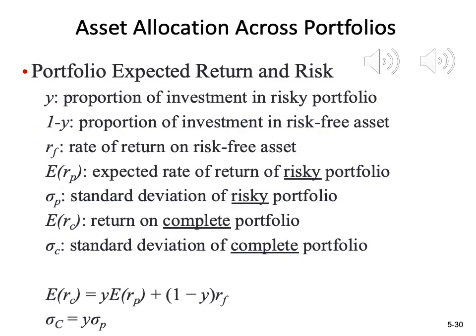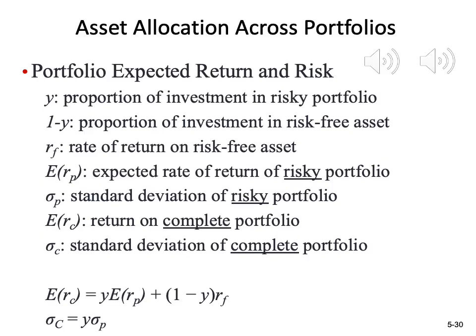We're going to use the formulas at the bottom of this slide to calculate expected return and standard deviation of the complete portfolio. In the formula, lowercase y is the proportion of money you put in the risky portfolio. Therefore, 1 minus y is the proportion of investment you put in the risk-free asset. Because in the complete portfolio, we only consist of two portfolios.